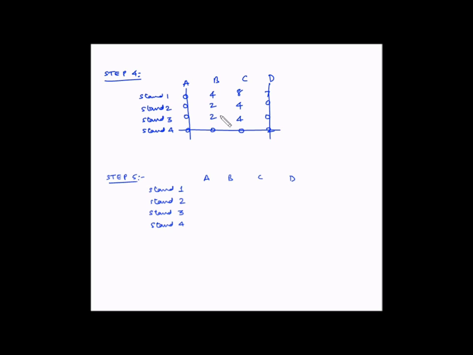So we'll deduct 2 from all the elements which are not covered by the lines. So let's first do that. So we get 4 minus 2, 2, 2 minus 2, 0, 2 minus 2, 0, 8 minus 2 is 6, and 2 and 2. Second is we'll add 2 to the elements which are at the intersection of two lines.